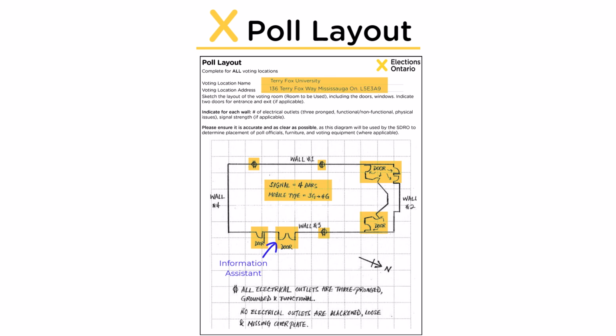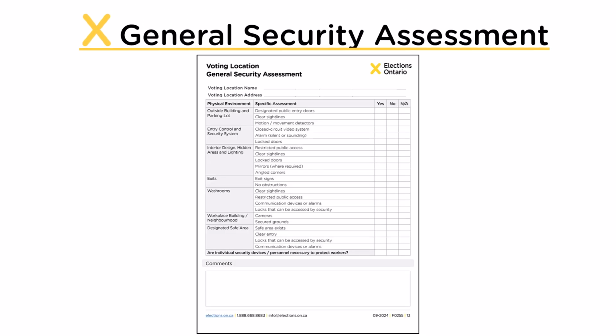For locations with 2 bars or less, the ping, download and upload speed nearest the wall with the strongest signal. The poll official will also use the diagram to review the location before polling day, or advance polls to ensure there are no changes to the voting location since the inspection, and to set up the location.